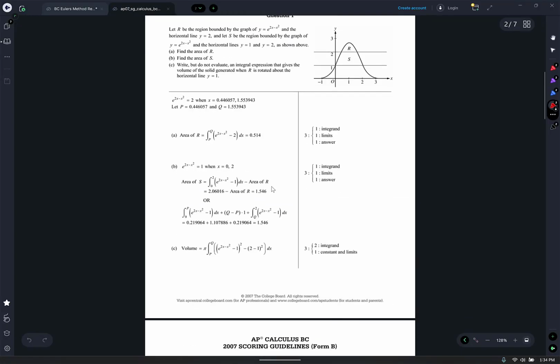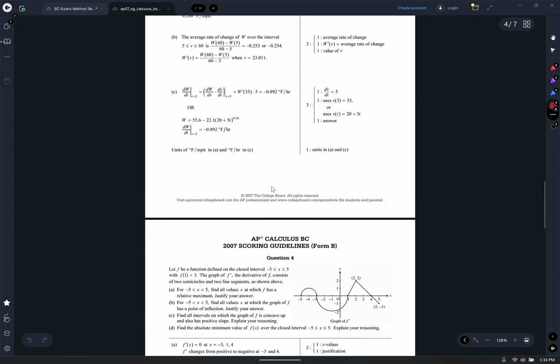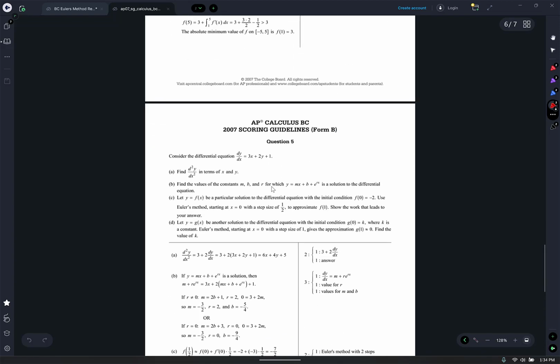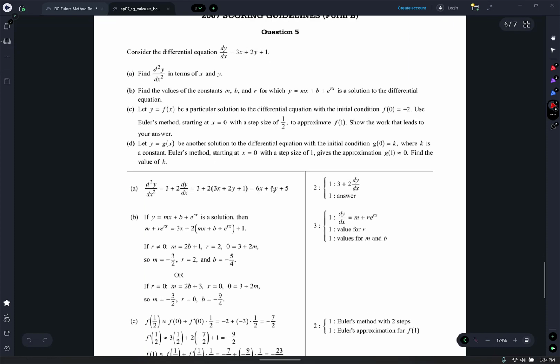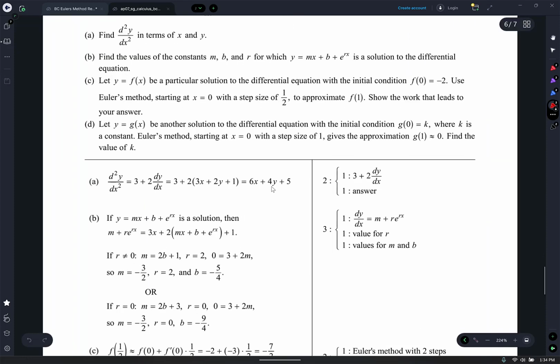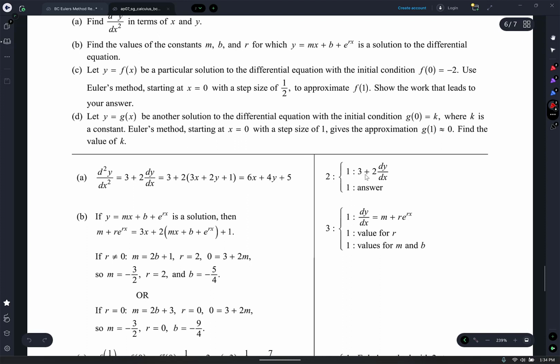All right, let's see. What question was it? 5? Yeah. Okay, 2 points. Letter A. I take the derivative, 3 plus 2 dy dx, which we all did, and the answer, 6x plus 4y plus 5. Did we get that?